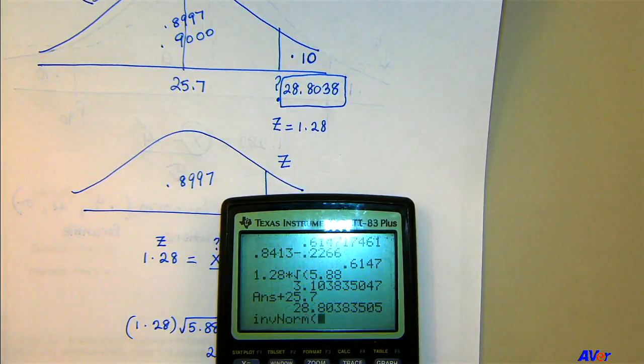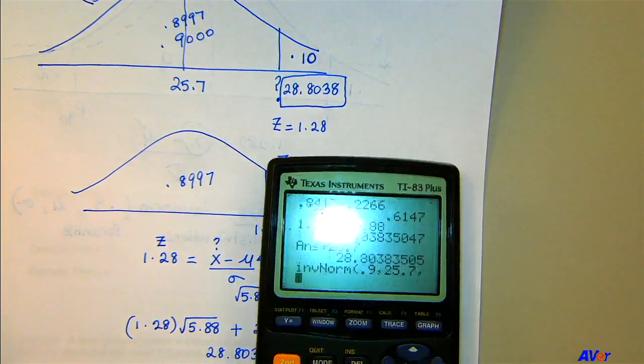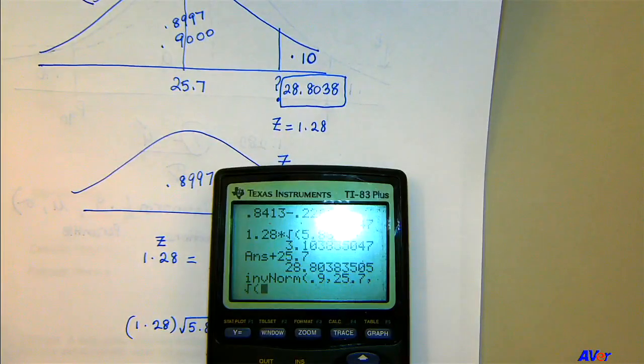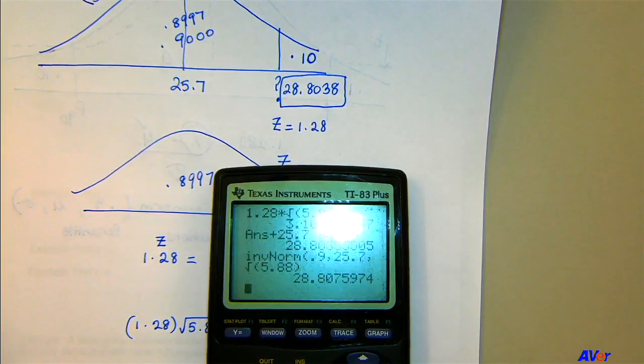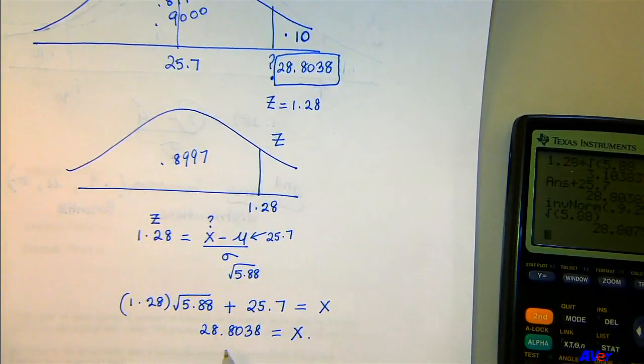So you put in the percentile, which we said was 90%, 0.9, comma, mu. Mu was 25.7, and sigma was rad 5.88. 28.8075. Close enough. And of course, this was done with 1.28, not with 1.282.